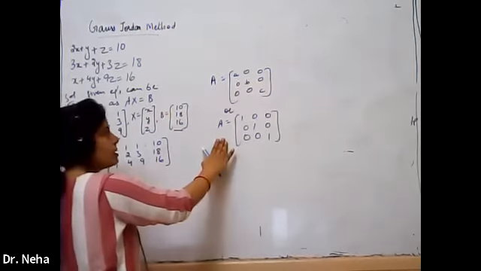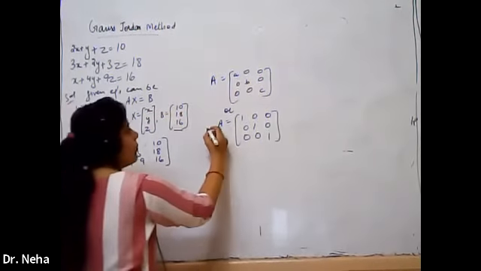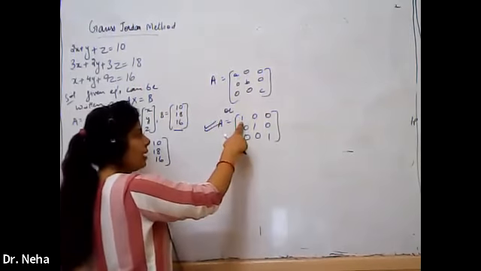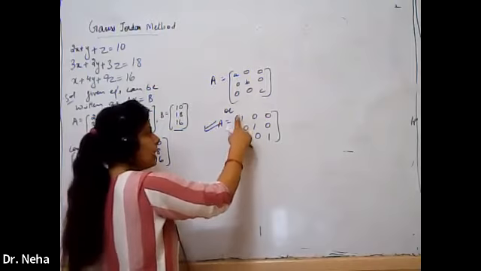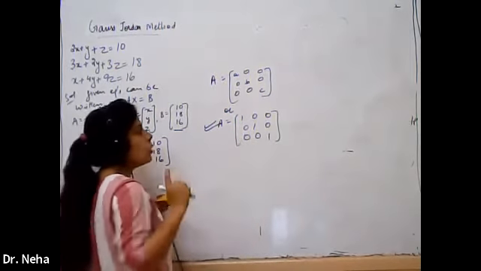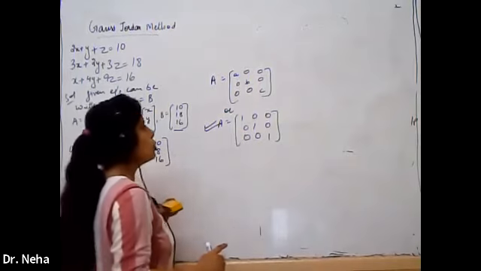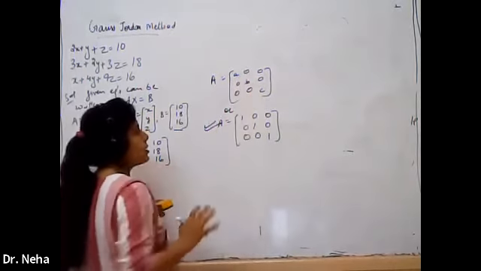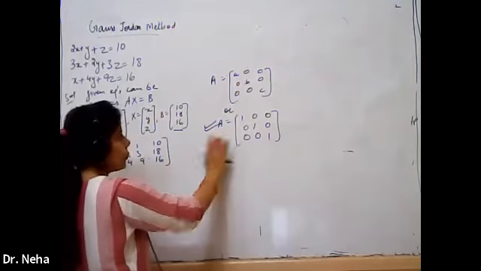Either this or this, it's up to you. But we will follow this approach. Why? Because when we make 1 the diagonal element, using that 1 it is easy to make zeros. Otherwise, we can convert it simply into a diagonal matrix also. I am going to follow this one.